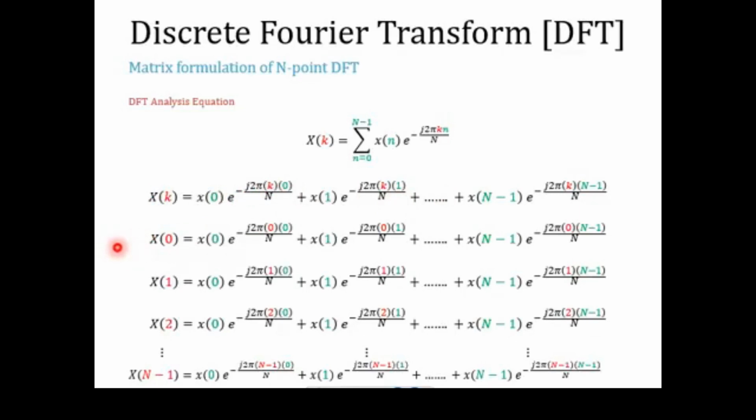So capital X of 0 will be the equation of the DC coefficient, while on substituting k equal to 1 in this equation, we will get the contribution of the fundamental harmonic. So let's start with the DC coefficient value. We have just replaced k by 0. You can check it. Similarly, in X of 1, for the contribution of the fundamental harmonic, we have replaced k by 1.